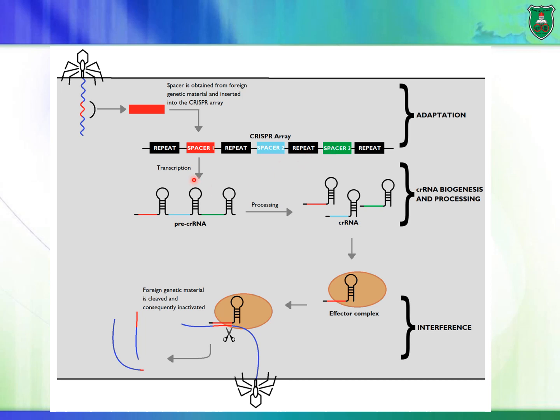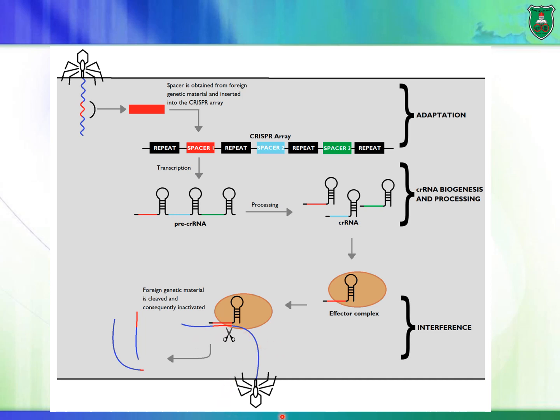So what happens is that you have another bacteriophage, the same one as this one right here. This bacteriophage infects the bacterial cell. Okay, so it's like an immune system. This is the memory of the immune system of bacterial cells.